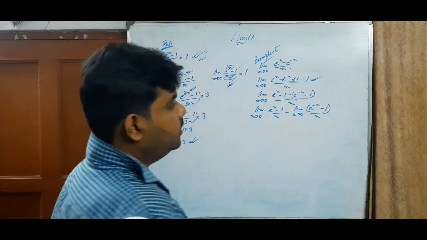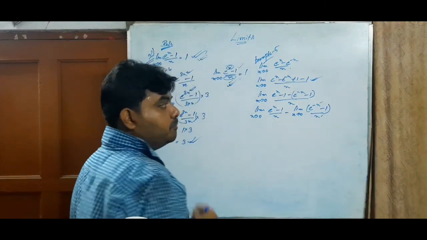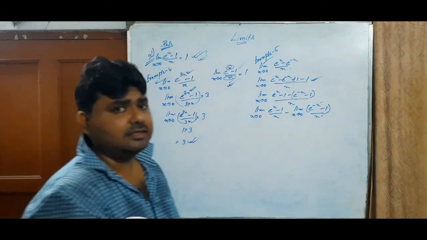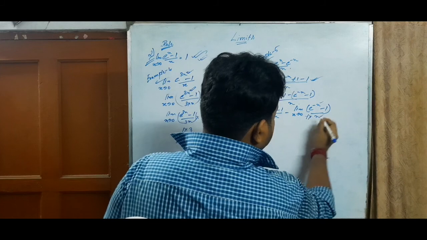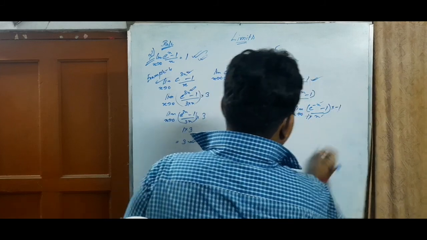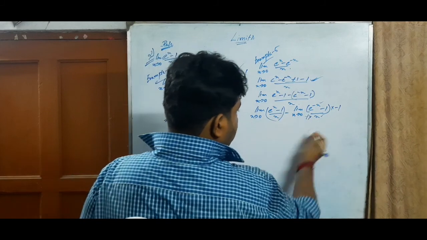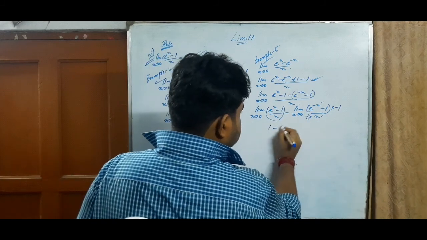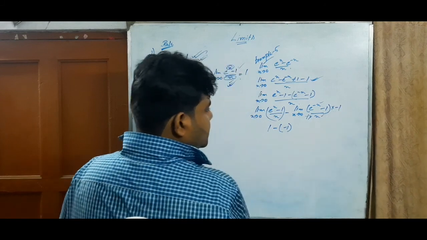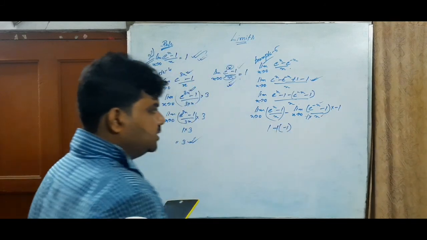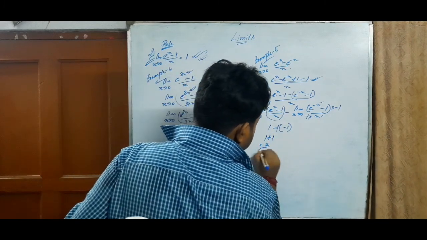So we have to make these two equal. So we will multiply both the numerator and the denominator by minus 1: minus 1 into x into minus 1. Now this one is 1 and this is also 1. 1 minus of minus 1. This is 1. 1 into minus 1 is minus 1. Therefore, 1 plus 1 will equal 2.